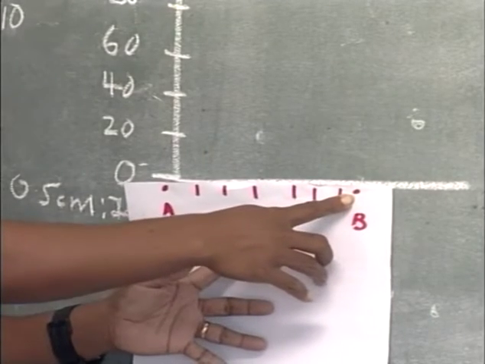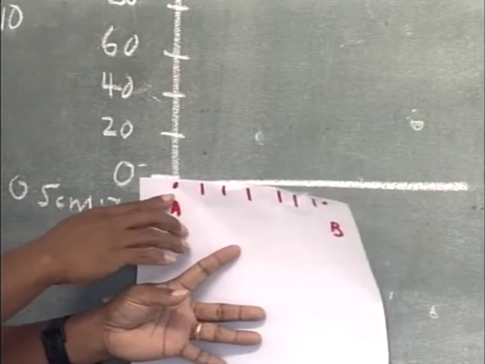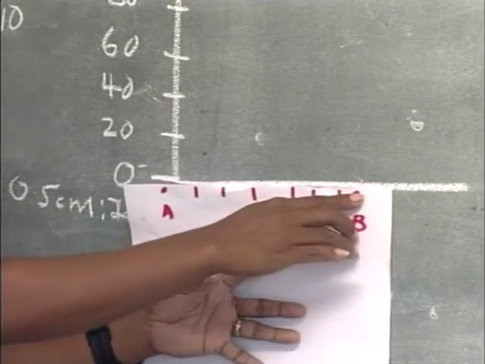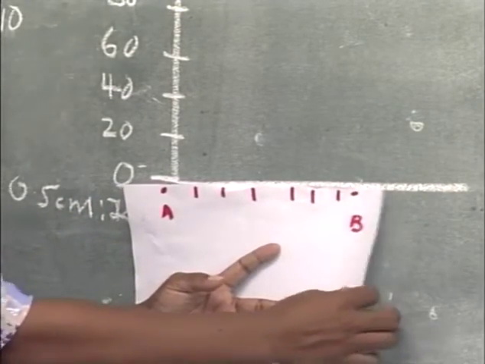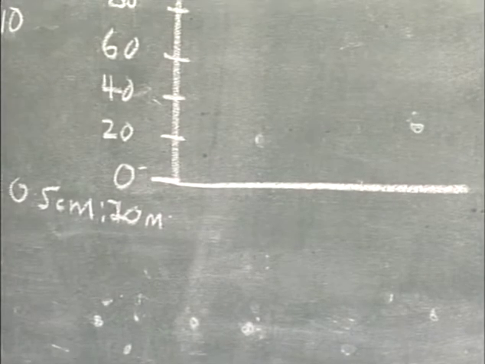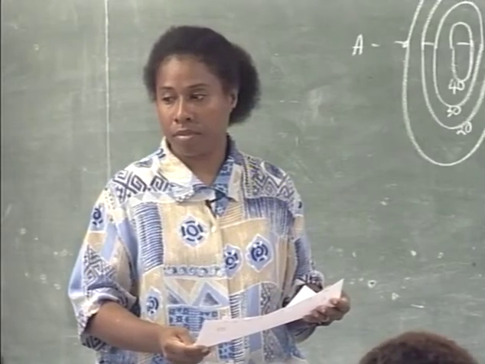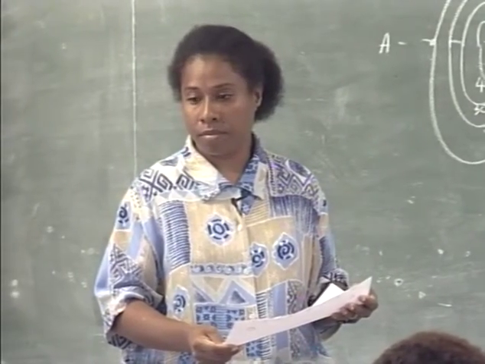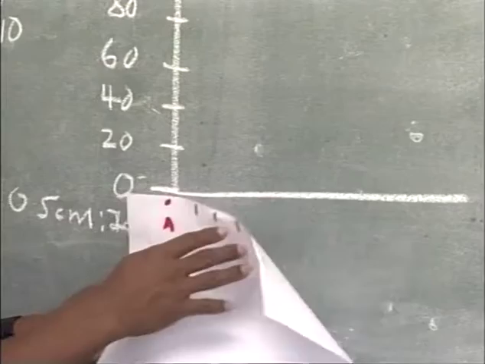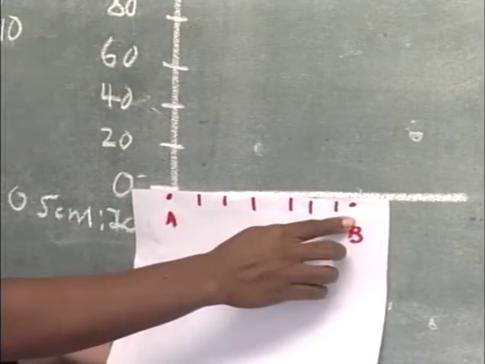So the length of the horizontal axis must be the exact length that you have for point A to point B. As soon as you've done that, you indicate point A and you also indicate point B.